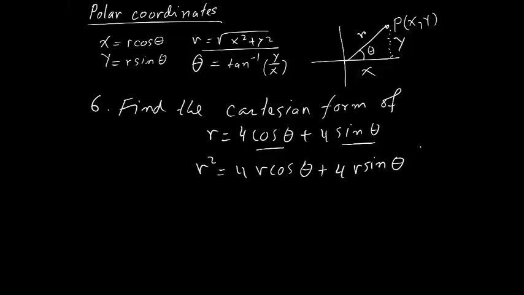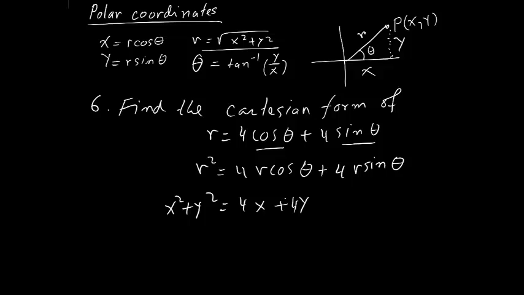So when I see cosine theta, sine theta, if I can bring r with it, then I can transfer those to xy. And then r squared is x squared plus y squared. And then you get 4, r cosine theta is x. And r sine theta is y. So you get 4y. Now you get x squared plus y squared equals 4x plus 4y.